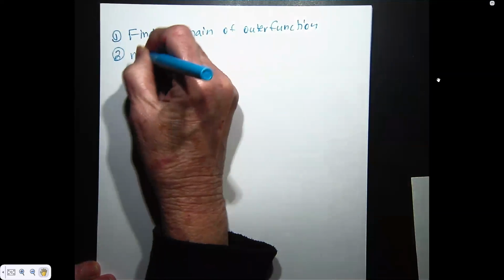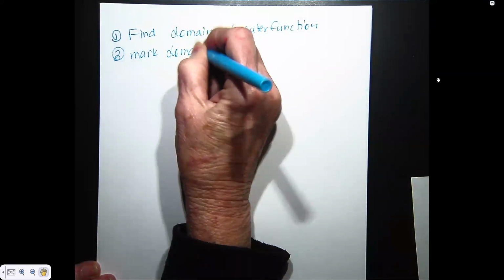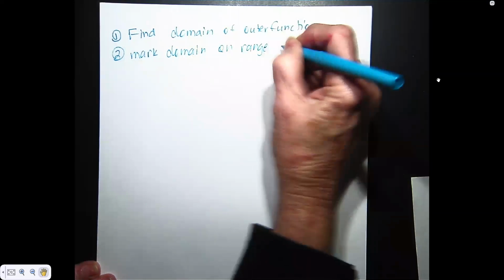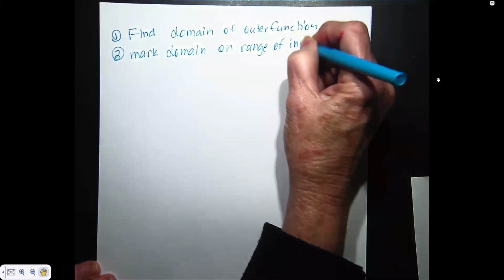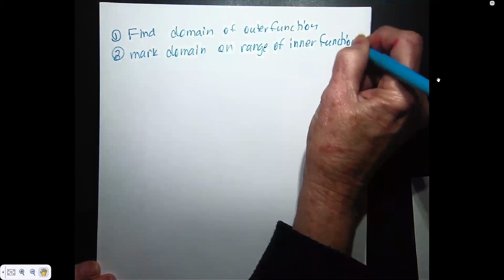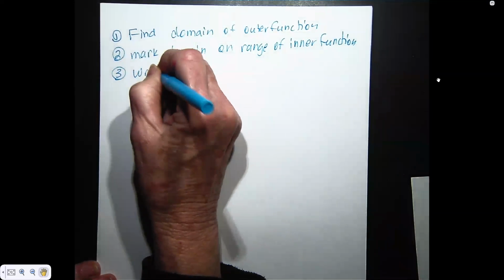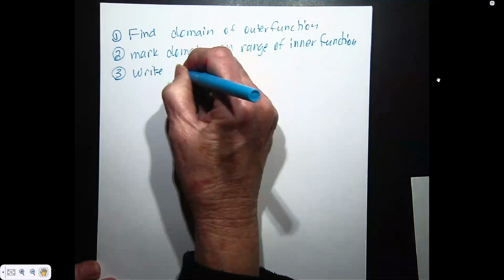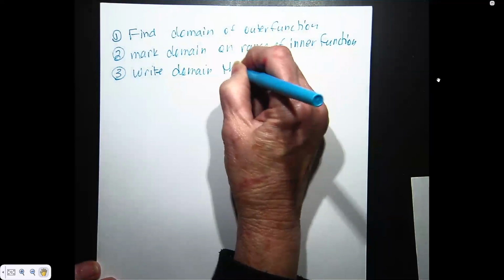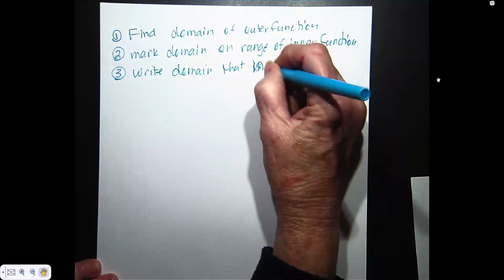And then you're going to mark the domain on the range of the inner function and then write the domain that makes the highlighted area.